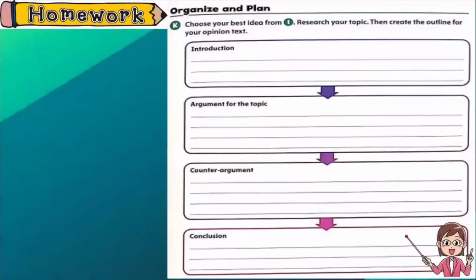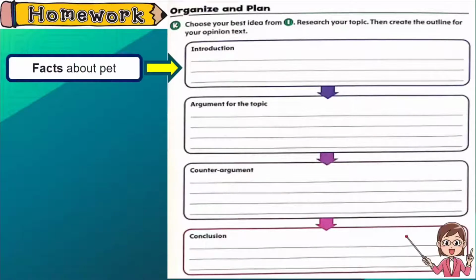Now, that will be your homework. You have to organize and plan now. Okay, choose your best idea from I and research your topic. So we already have the topic, right? The topic should be all children should have pets. So the first thing that you need to do is the introduction.